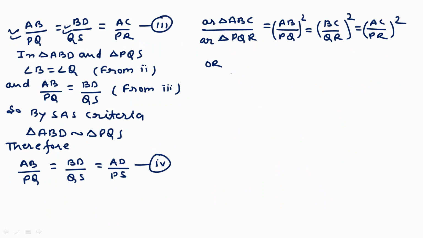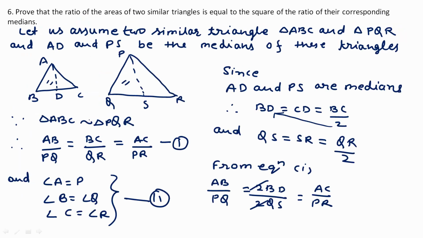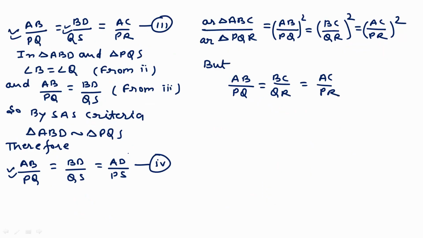But AB upon PQ is equal to BC upon QR is equal to AC upon PR, and this will be equal to AD upon PS.